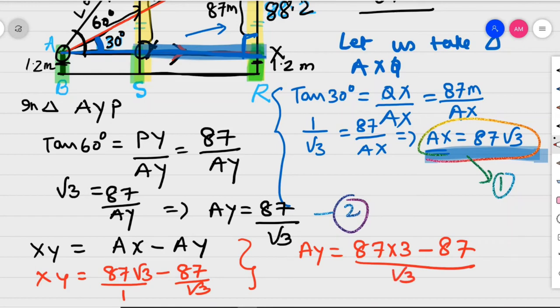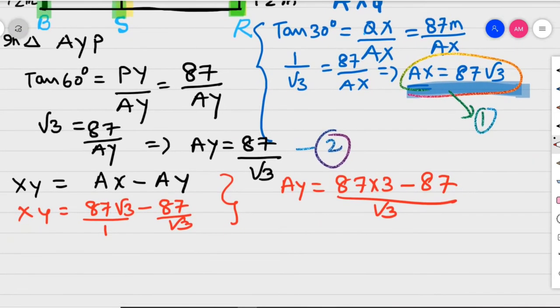Okay. Now children, 87 root 3 into 87 into 3 minus 87 into 1 means that will give you 87 into 2 if you take out the common, divided by root 3. So XY is equal to 87 into 2 divided by root 3.